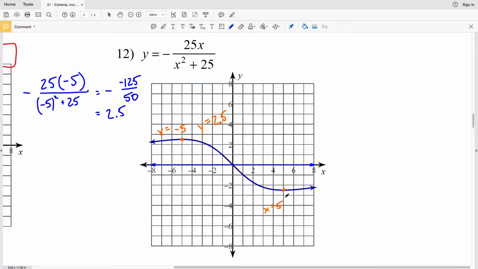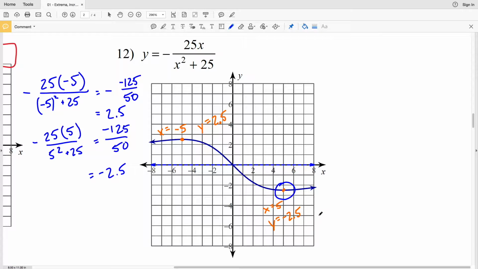And then solving for when x is +5, I'm going to have the opposite of 25 times 5 all over 5 squared plus 25, which will give me -125 over 50, and that's equal to -2.5. So when x is +5, y is -2.5. Now at (-5, 2.5), that is the highest point in the entire graph, so that's going to be an absolute maximum.